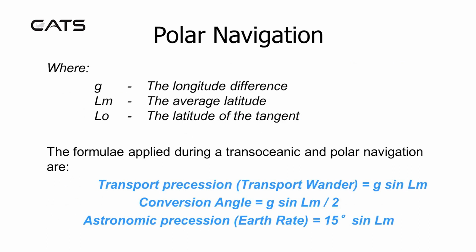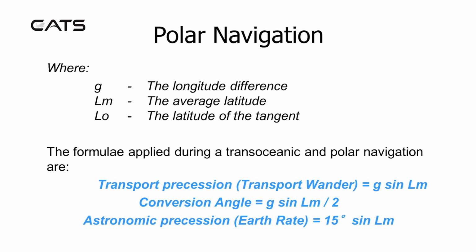There are a few definitions in polar navigation to come to terms with. G is the longitude difference, LM the average latitude, LO the latitude of the tangent. The formulae applied during a transoceanic and polar navigation are: transport precession, transport wander, equals G sine average latitude.